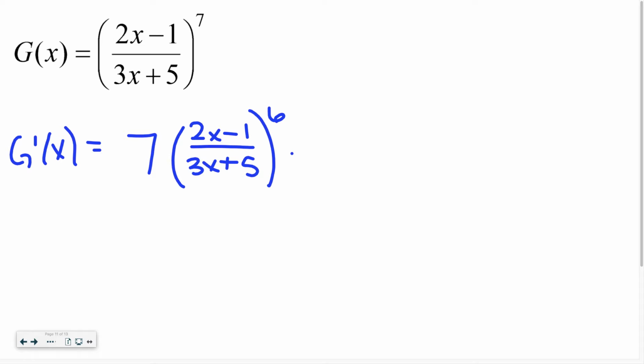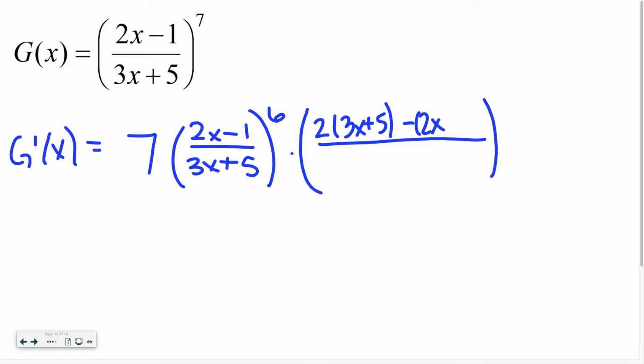What are we going to have to use for the inside derivative? Okay, quotient rule. I'm going to put some parentheses here. Derivative of the numerator times the denominator minus our numerator times the derivative of our denominator, all over denominator squared. Ta-da!